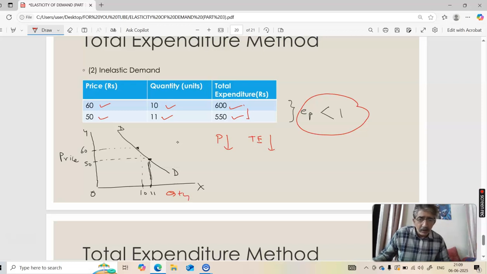Logically correct. How? In inelastic demand, what do we want to say? That the change in the price is big. A big change in the price is causing a small change in the quantity demanded. So that is evident over here. If you see this gap, price has fallen down from 60 to 50. This gap is bigger than this gap. Quantity demanded has increased, but very small.